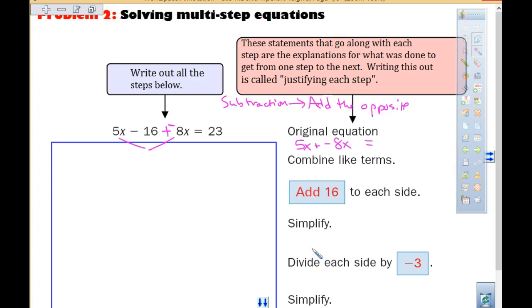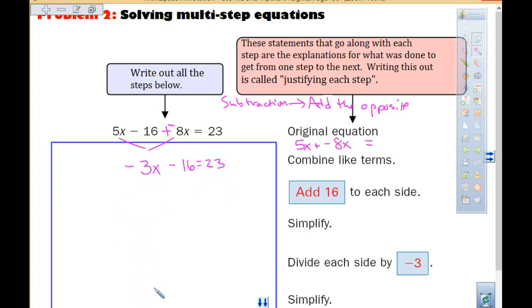What am I looking at when I add those two together? Negative 3x. Because the signs are opposite, and some of you might need to just put it in your calculator: 5 minus 8, or 5 plus negative 8. That is negative 3x minus 16 equals 23.